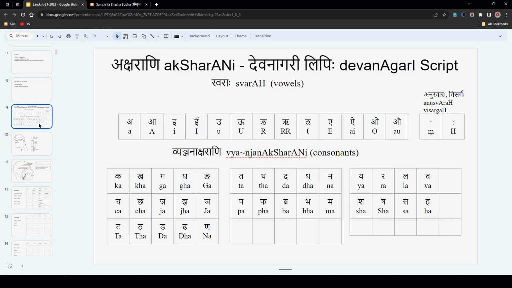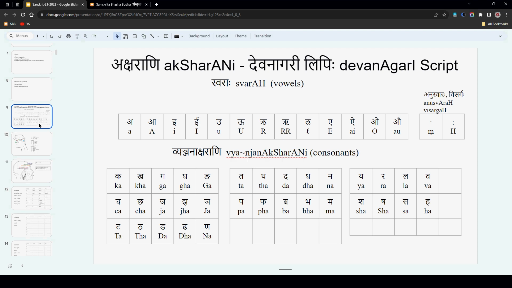As we were saying, out of an infinite number of possible sounds, there are some select sounds which are used to form meaningful words in Sanskritam.